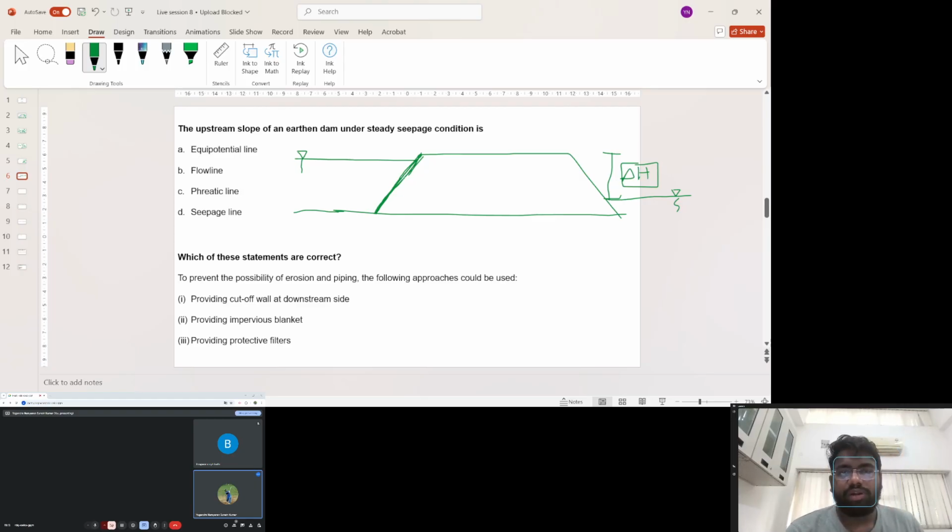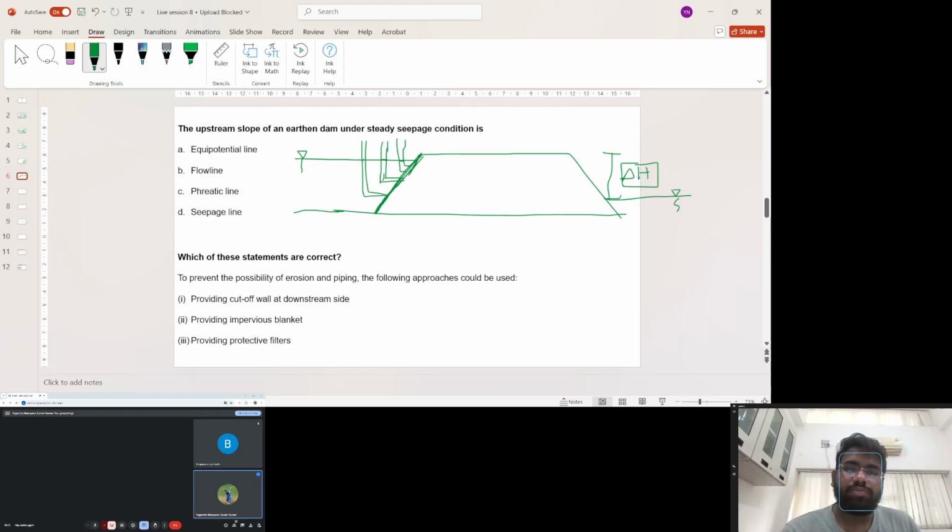We place a piezometer at this point. This water is exposed to the atmosphere, so it is under atmospheric pressure. When you keep the piezometer here, the water will rise up to this point, and when you keep a piezometer at another point, the water will rise up to this point.